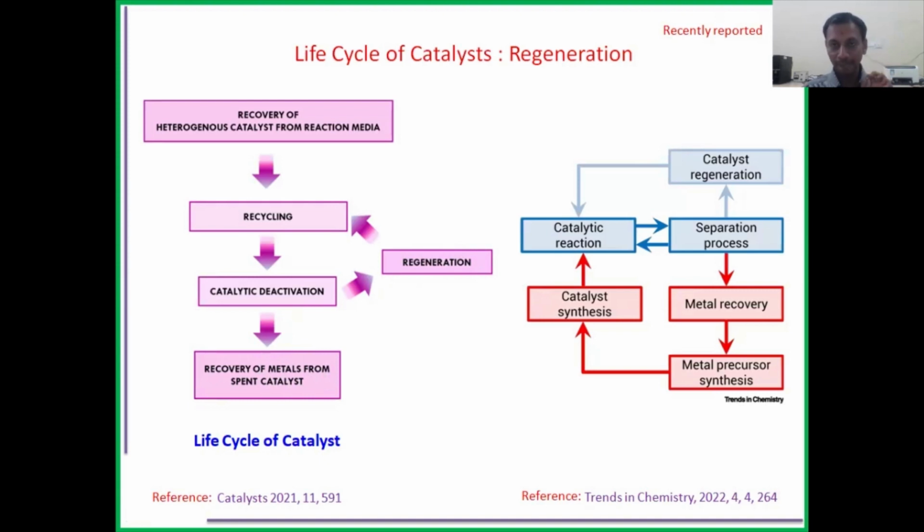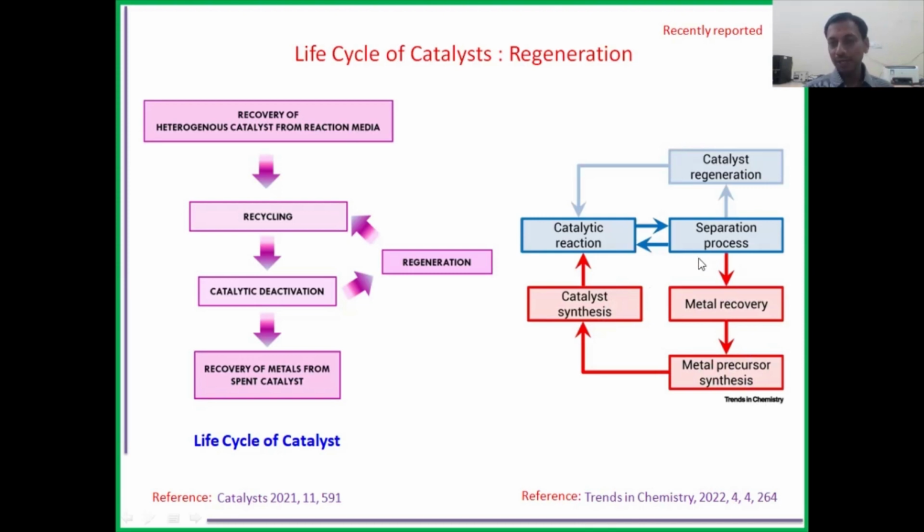So this is a kind of recycling, regeneration of catalyst or metal particles of catalyst. Another way, that one is reported in 2022. We can see the reference here, metal precursor synthesis. So you can synthesize the metal particle, then you can make the catalyst and do the catalytic reaction. Ultimately, some separation process we can apply.